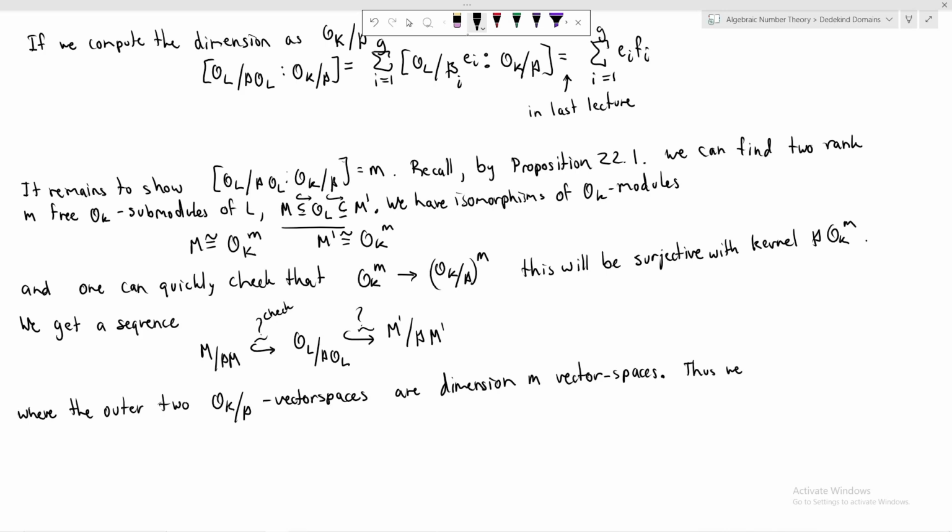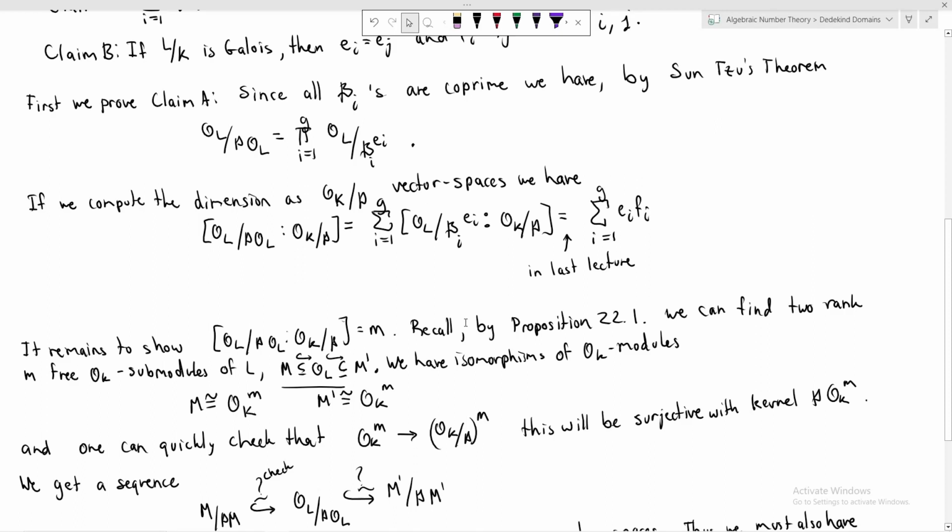Thus, we must also have that O_L mod P O_L has dimension equal to m. Okay, so this proves claim A.